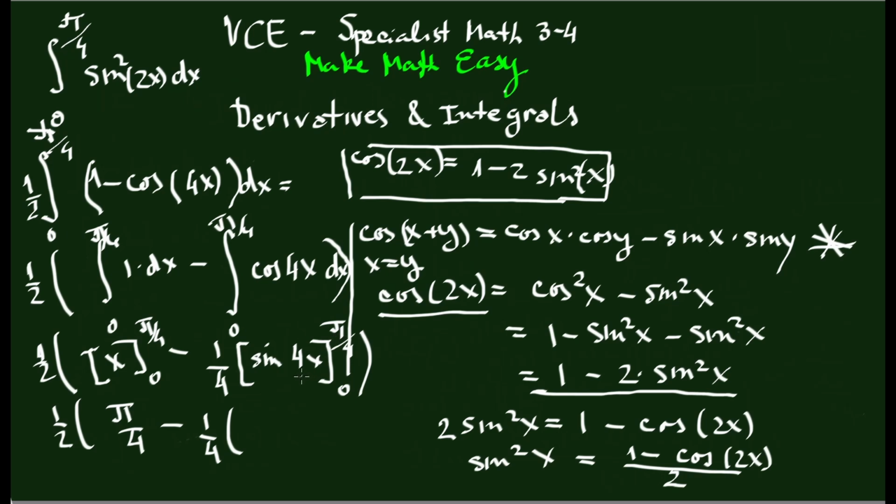Sine of pi is 0, minus sine of 4 times 0, which is 0, sine of 0 is 0 again. So what this all comes to is pi divided by 8. And that's our first definite integral.